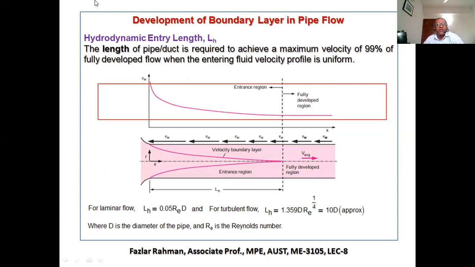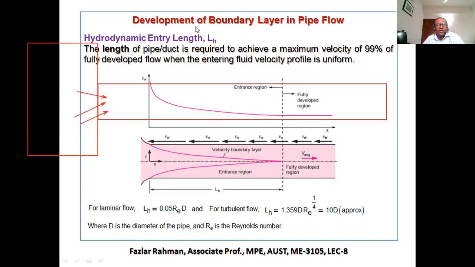This pipeline is connected with a tank on the left side. So what happened? There might be some, say, valve over here. You open the valve, fluid will enter right over here, right? Now you need to install a venturi meter or orifice meter or a pressure gauge. Now where will you put it? You can put it anywhere, right?